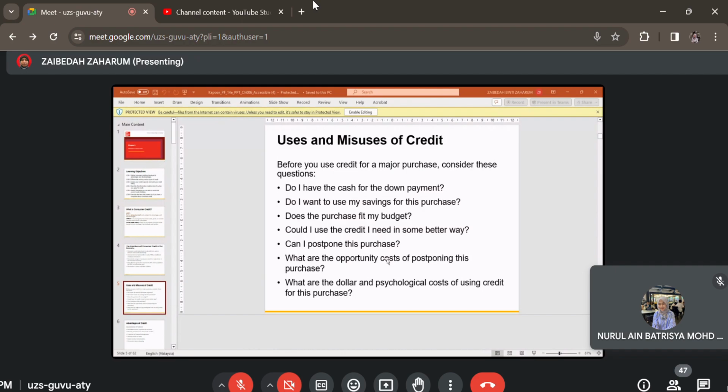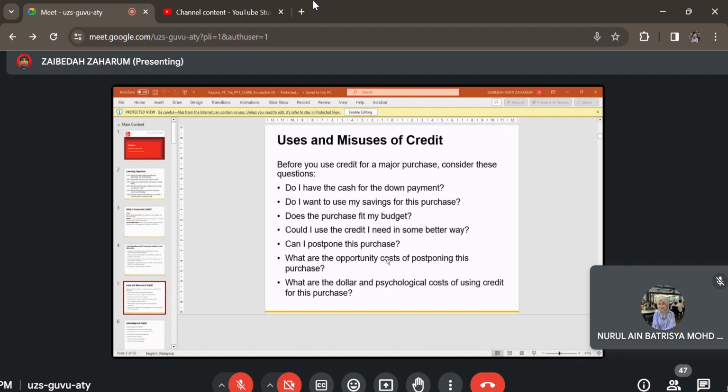Selalunya macam kalau kita nak beli kereta, kita kena tahulah apa the down payment. Do we have a cash for the down payment? Down payment kita tak gunakan kredit, down payment ni kita menggunakan cash kita. Kita ada tak down payment untuk kita nak bayar upfront cost of the car tu tadi.